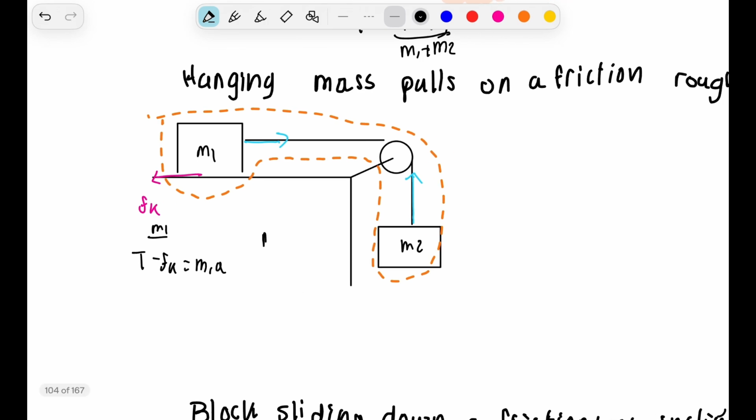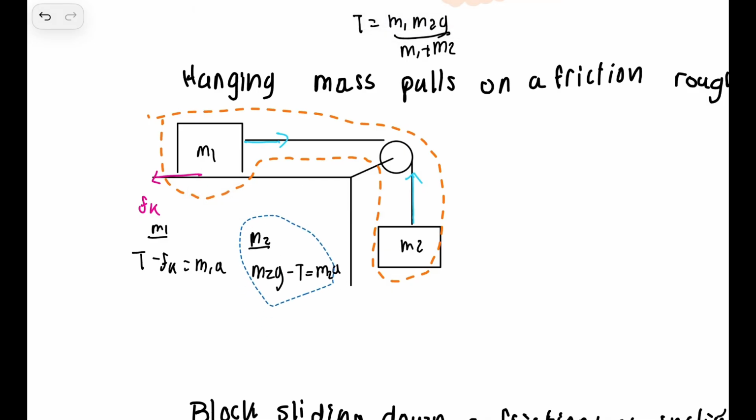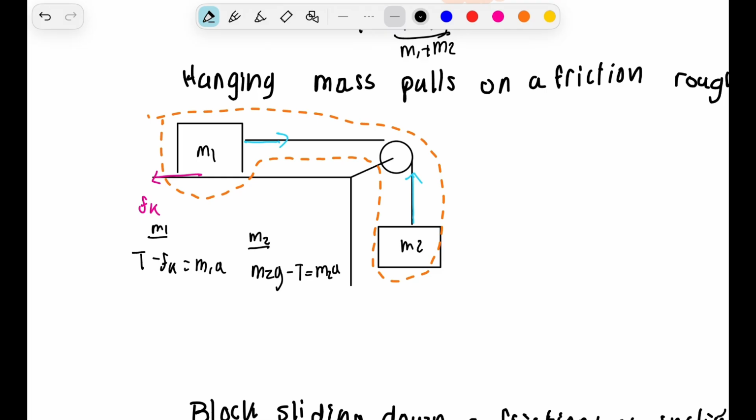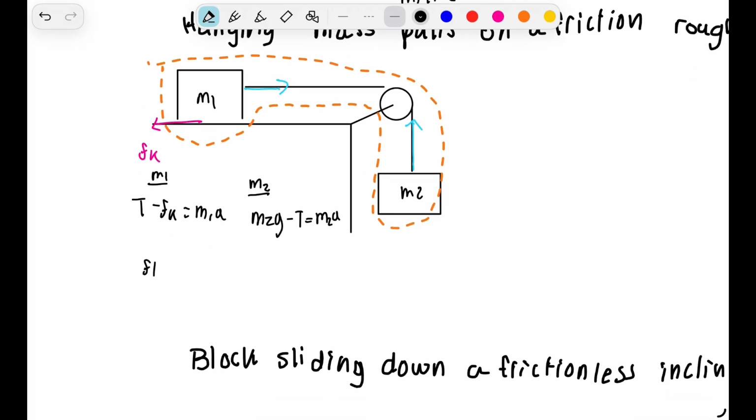M2. So the kinetic friction is mu k m1g.